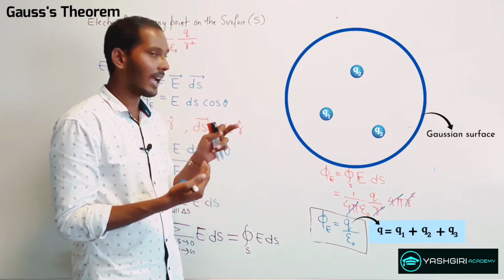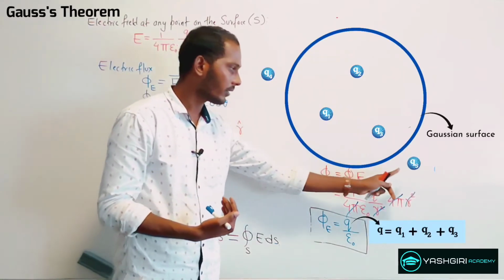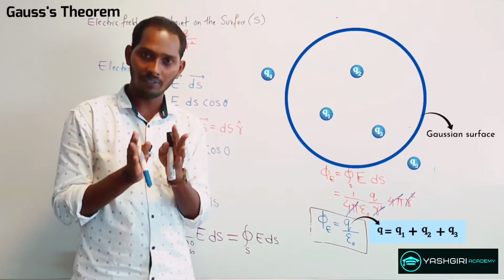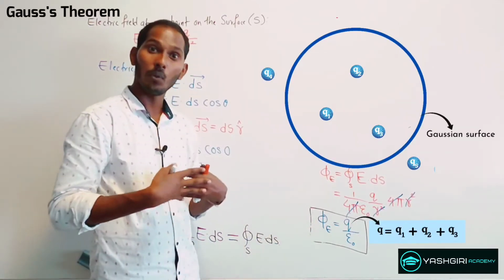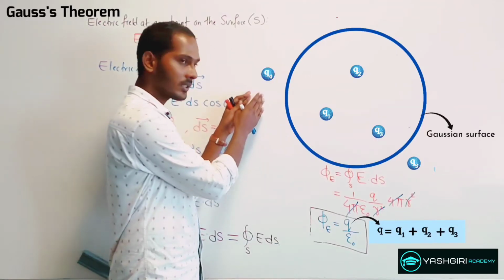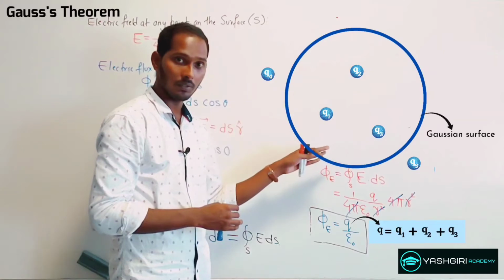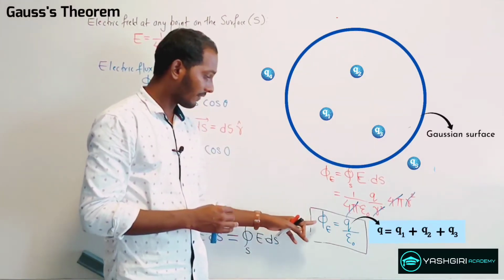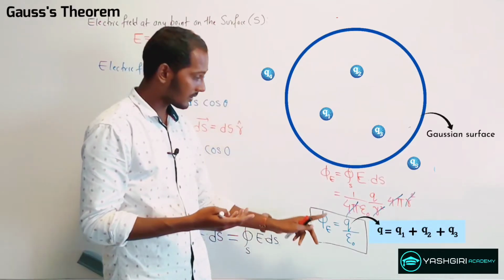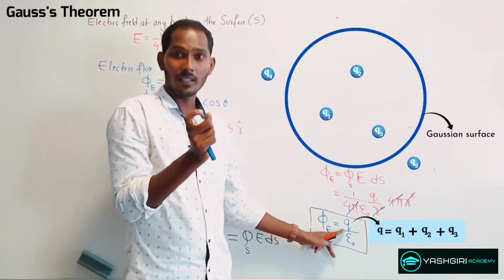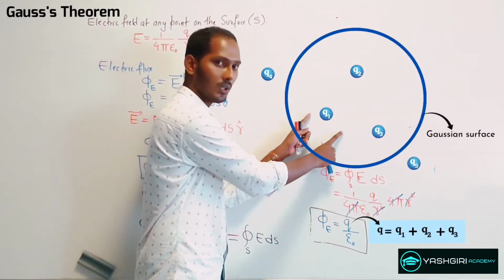Now suppose you have a few charges lying outside this Gaussian surface, say over here or here. In such cases, the electric field, whose flux is on the left hand side, is due to both the charges lying outside the Gaussian surface plus the charges inside the Gaussian surface. So that's for the left hand side. But in the same case, this Q only measures the total electric charge just inside the Gaussian surface.